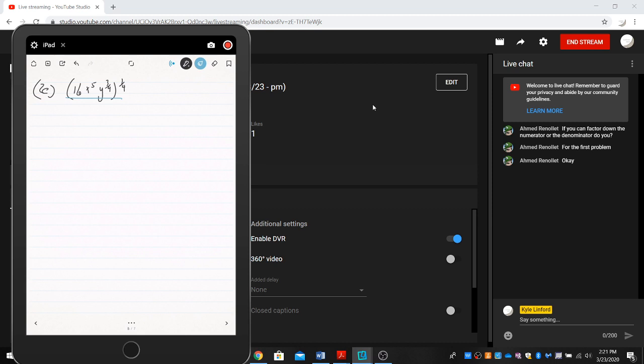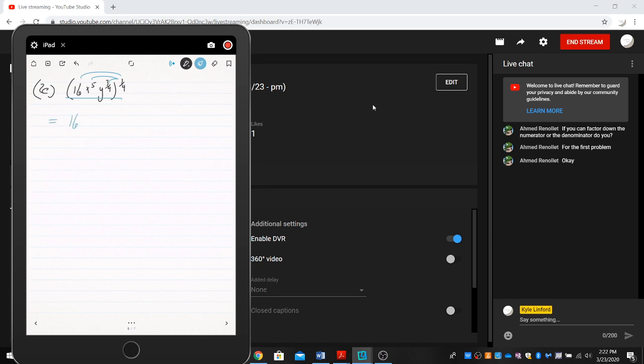The first option is you can try to simplify the inside first and then apply the exponent. Or you can just go and apply the exponent first right away. In this case, nothing can simplify on the inside, so let's go ahead and apply the exponent through to all of the individual terms.